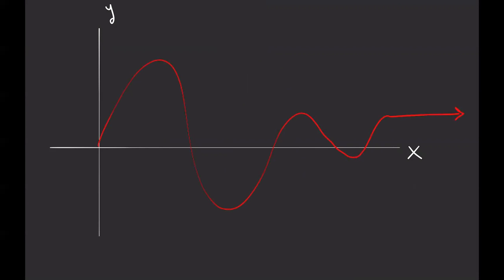It just goes on forever like that. In this case, I would have an absolute maximum and an absolute minimum right here in green. These are the largest and the smallest y values that the function attains. So that's just the absolute max and the absolute min.